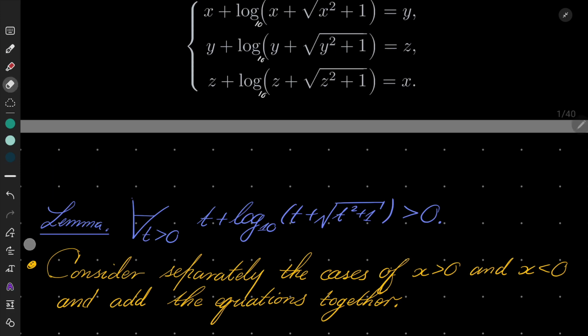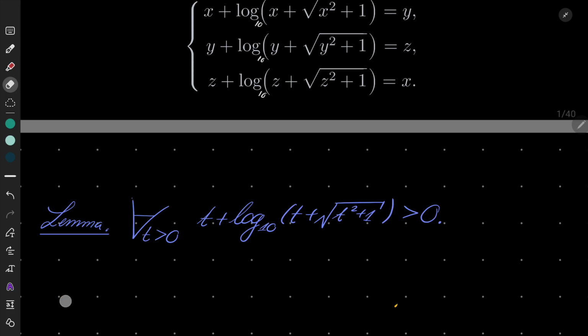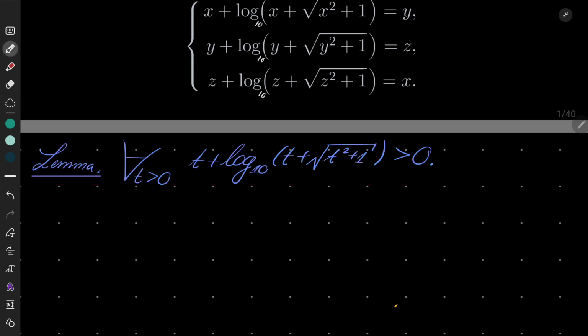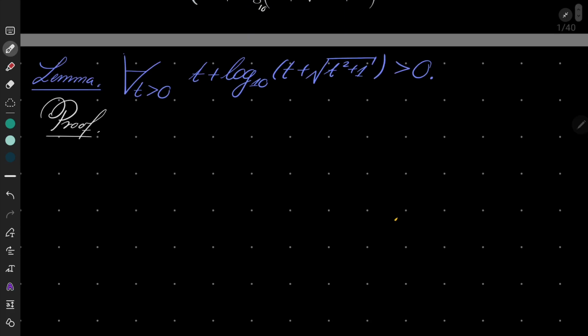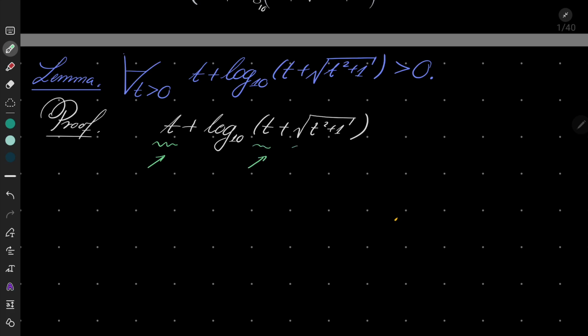Okay, so first thing which I wish to do is to prove my stated lemma. So let's do it. Proof. Proof is very simple. Let's take a look at our function, t plus decimal logarithm of t plus square root of t squared plus 1. This function over positive numbers, in fact over all real numbers, is increasing.